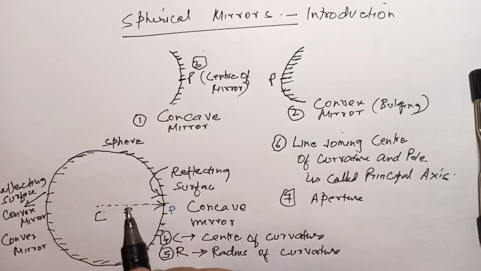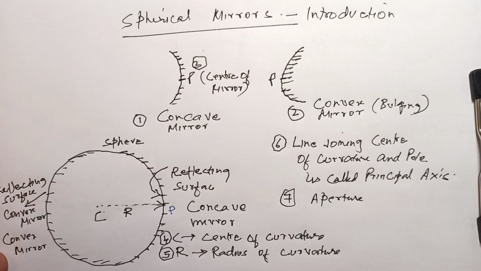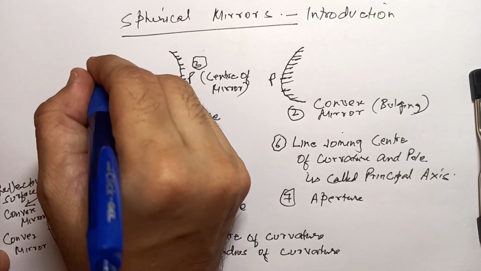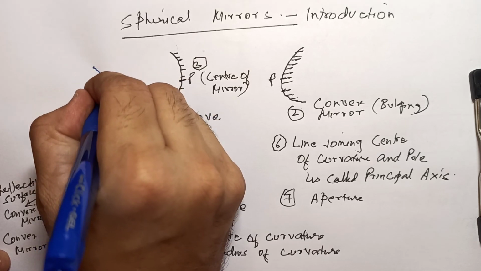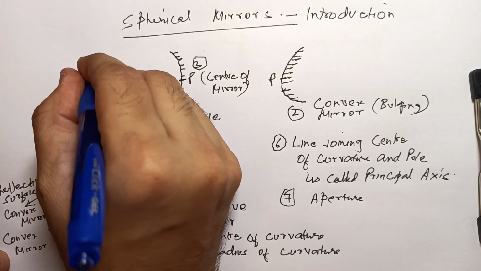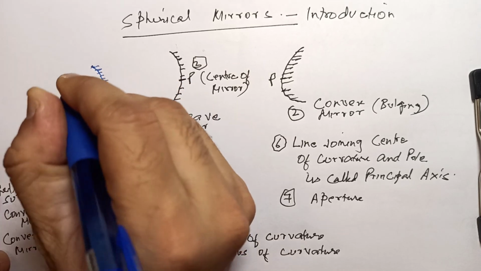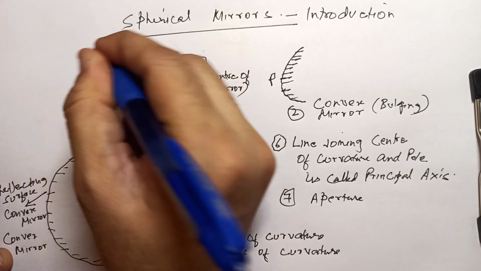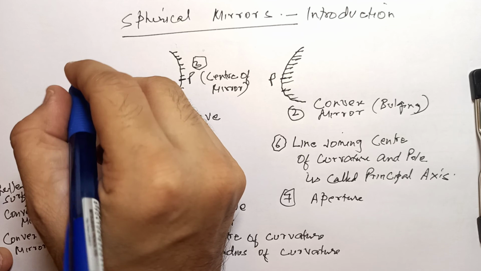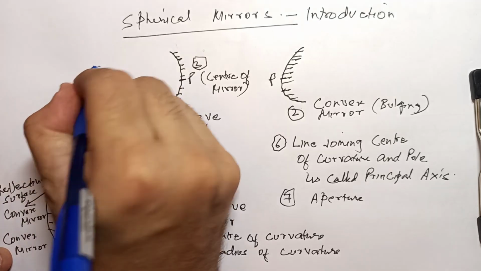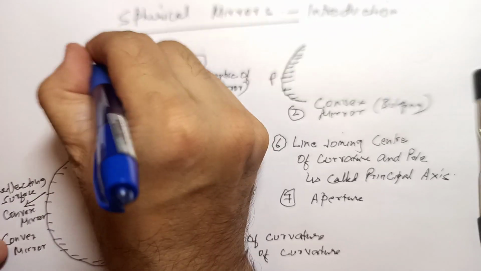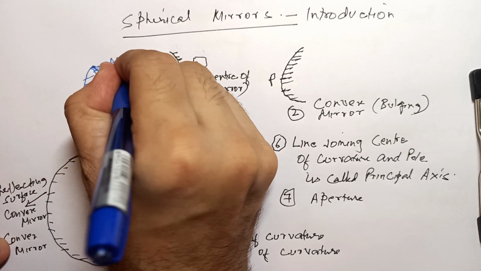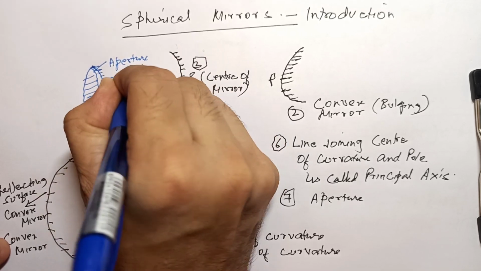So what that means is, see, if I draw, aperture is the area you see here, and R here is the radius of aperture.